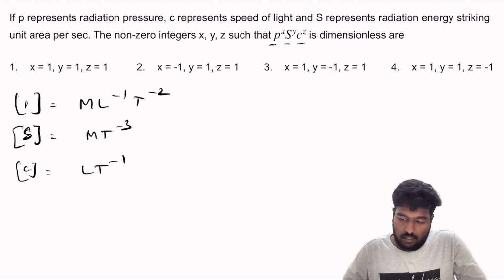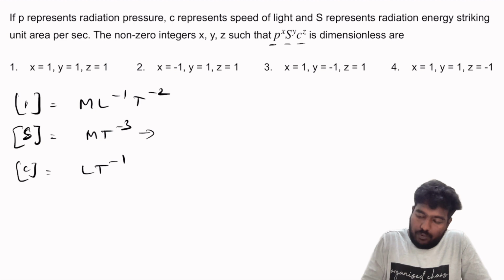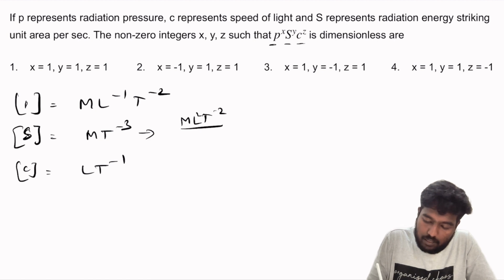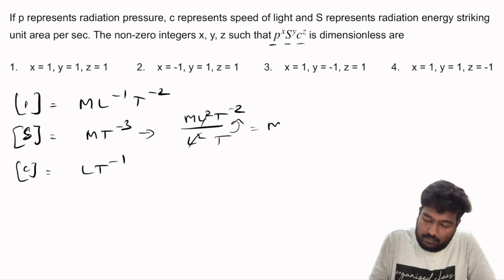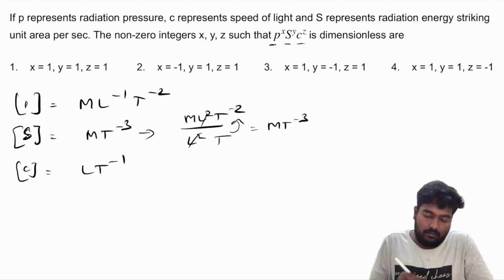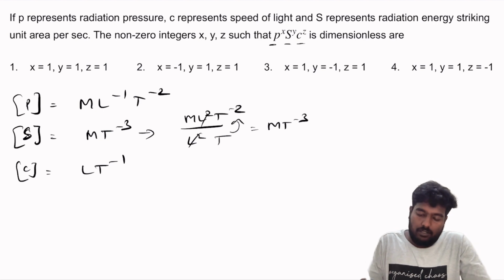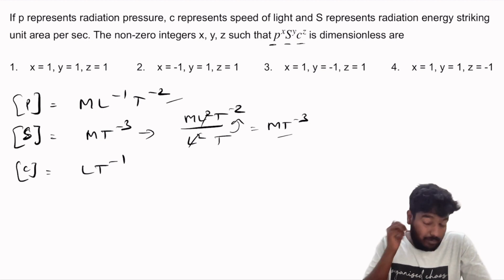If you don't know how we work it out, energy striking unit area: energy is M L square T power minus 2, divided by unit area, L square, per unit second, so T power minus 3. So M T power minus 3. So this has the dimension of pressure, this has M T power minus 3, this has L T power minus 1.